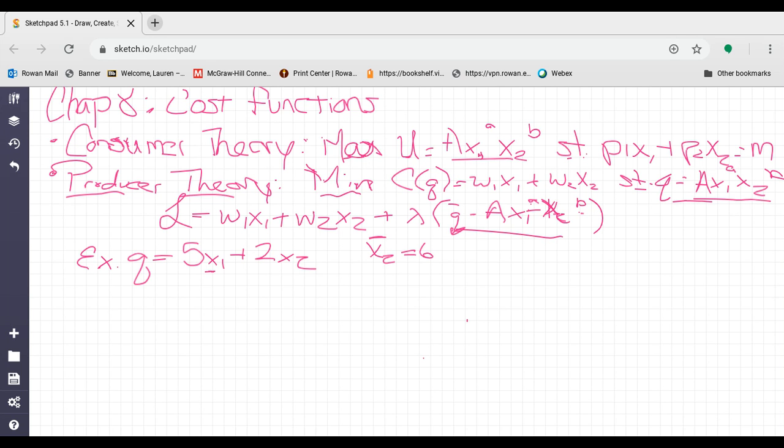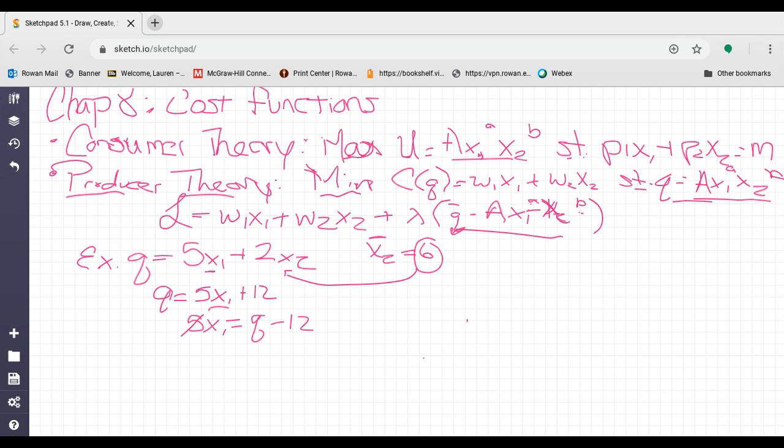That can vary. Now to solve this, we want to take what we know about X2 and plug it right into the production function. So then we'd have Q equals 5x1 plus 12, right? Then we just want to solve for x1. We want to get this by itself. So 5x1 equals Q minus 12.